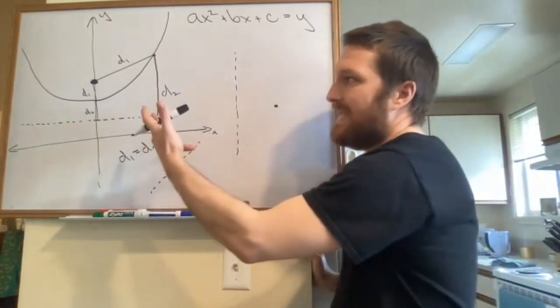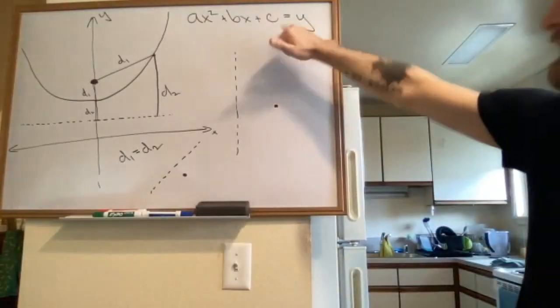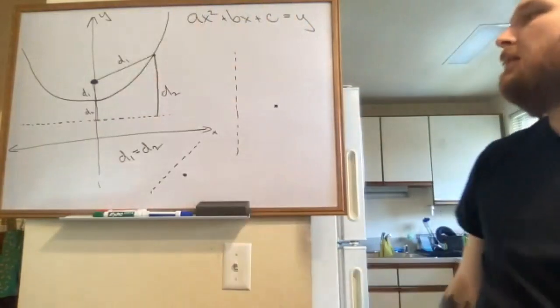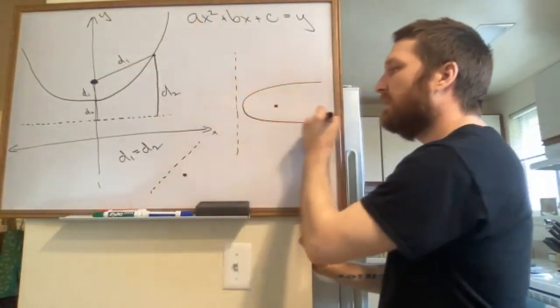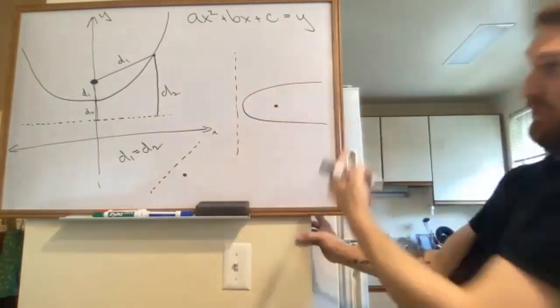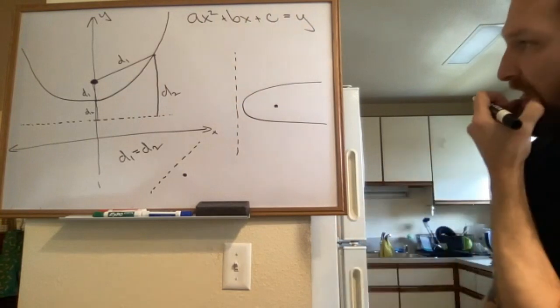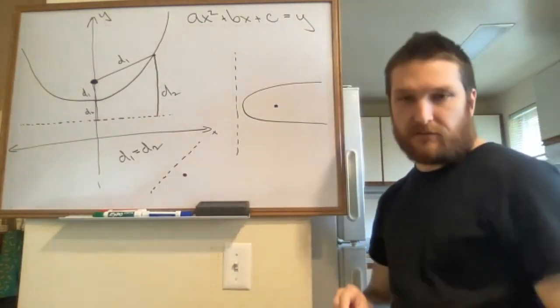In this case, if it's oriented this way and you end up with a y equals some x squared stuff, then you end up with a function. But it's possible to end up with a parabola that does something like this, a sideways parabola. And in that case, as written, it is not a function.